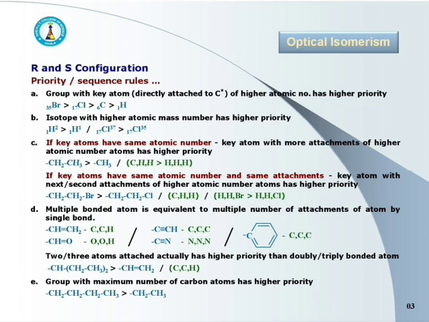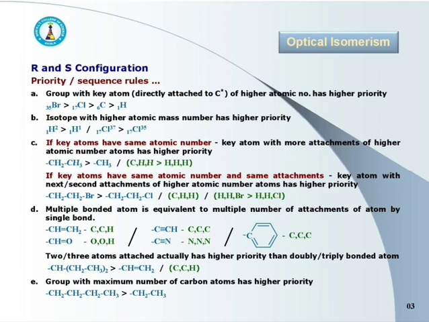The last priority rule, the last sequence rule, is that the group having the maximum number of carbon atoms has higher priority.